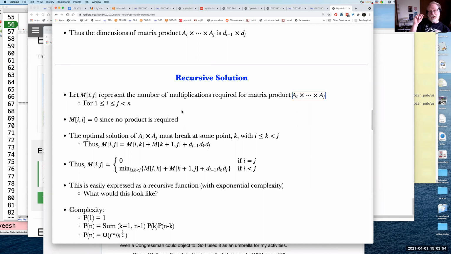This is my generalization, this formulation. Now that we have it, we can crack it. But it's not obvious. The helper function will take any subrange and compute M of i, j, the number of multiplications for A sub i through A sub j. That's not obvious.